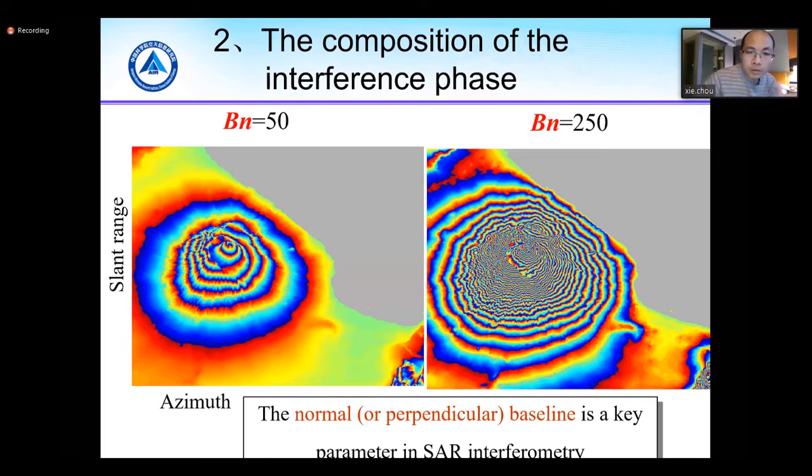These two figures give a clear relationship between the baseline and elevation ambiguity.